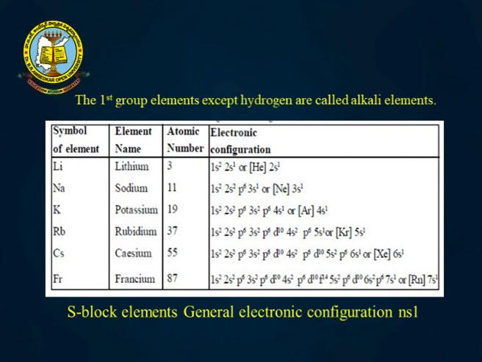Sodium is neon 3s1, potassium argon 4s1, rubidium krypton 5s1, cesium xenon 6s1 and francium radon 7s1.